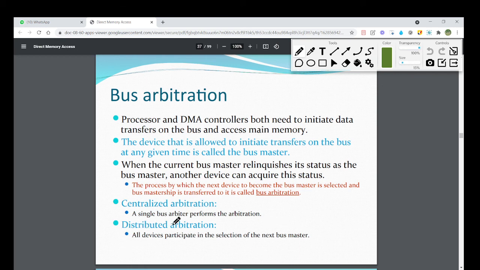Whereas in distributed arbitration, all devices participate in the selection of the next bus master. In the distributed case, each and every device takes part in selecting the next bus master. Whereas with a single bus arbiter, the arbitration is done by the processor. And that is about bus arbitration.